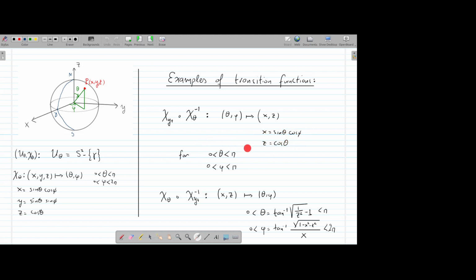But theta and phi are restricted now, they don't cover the whole sphere, but they cover the respective hemisphere. So theta is ranging from 0 to pi, but phi is ranging now only between 0 and 2 pi. The inverse transformation can also be computed, and found to be those nice differentiable functions.